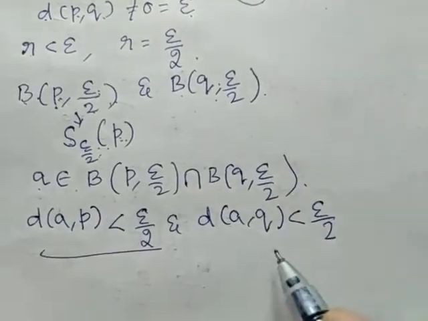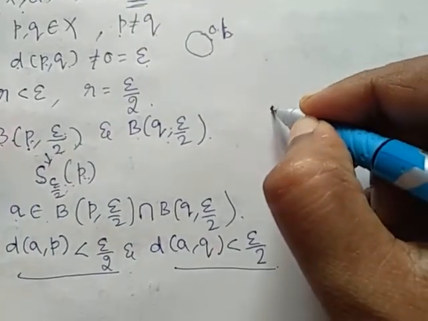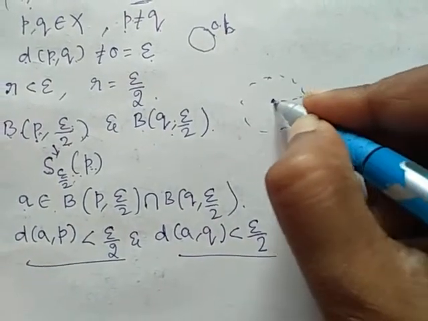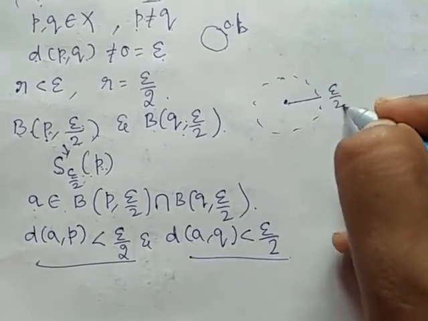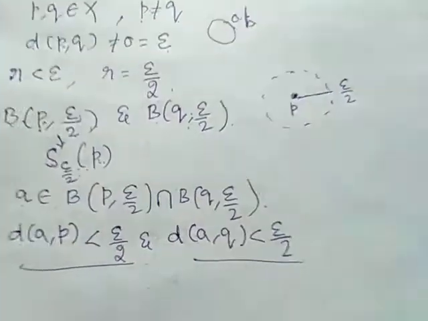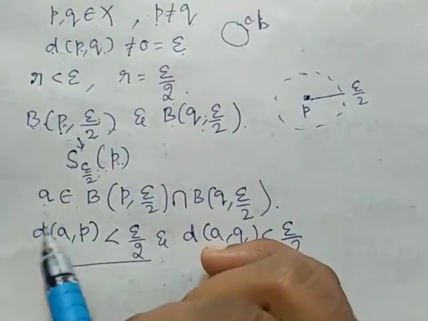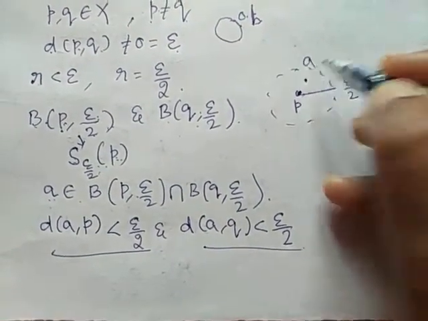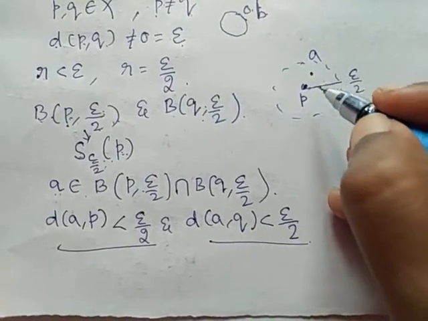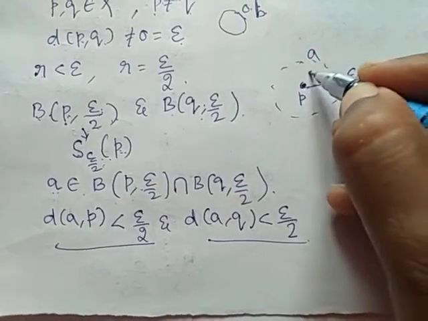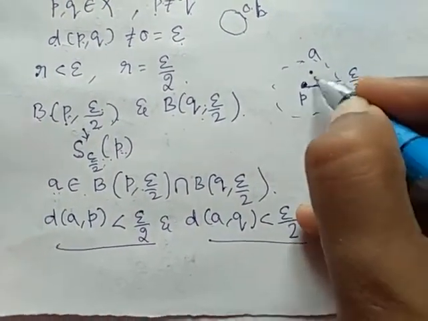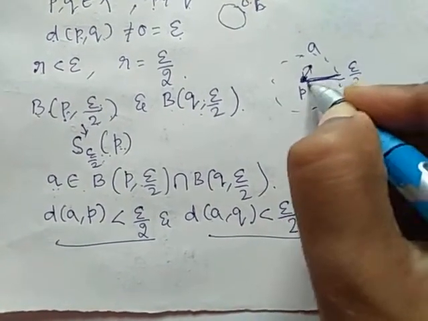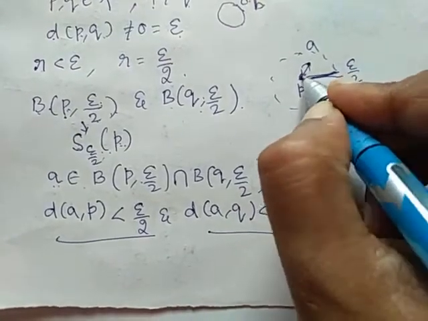So how did we get this condition? We have an open sphere whose radius is epsilon by 2 and whose center is P. If A belongs to this open sphere, then the distance between A and P should be less than epsilon by 2.